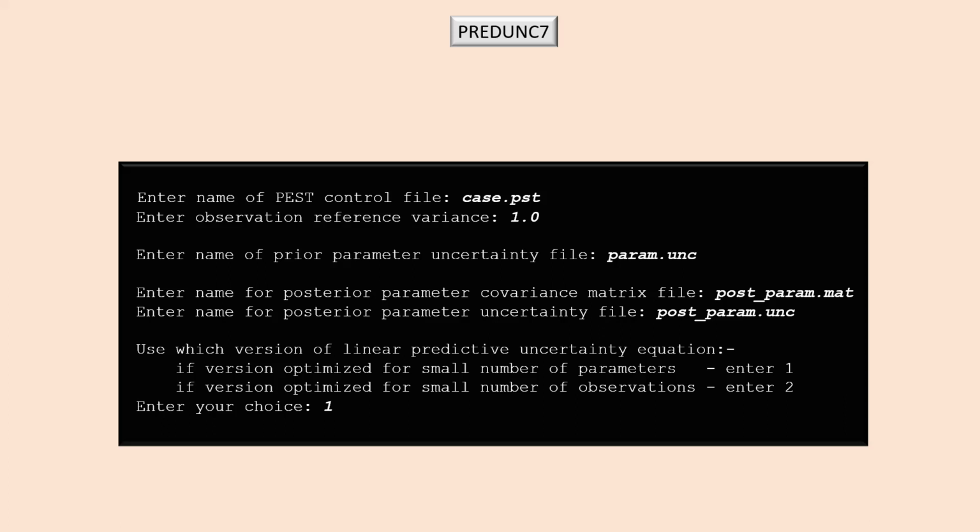Note that if you've used PWT-ADJ2 to make the weights right in your PEST control file, the answer to this question is 1, and that makes predunc 7 and other linear and nonlinear analysis utilities that come with PEST easy to use. And that is the end of part 2 of this video.